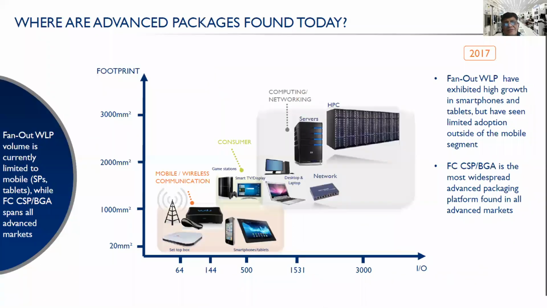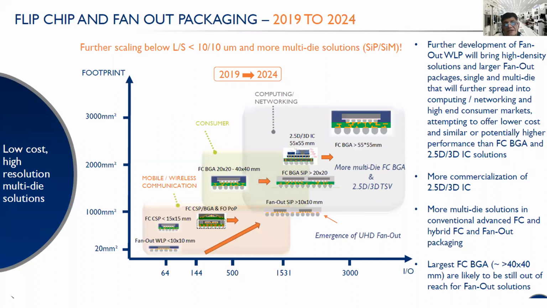So it's actually going to go out to the market. You see this moving more and more into different market opportunities in computing, networking, consumer. These will all flow in.